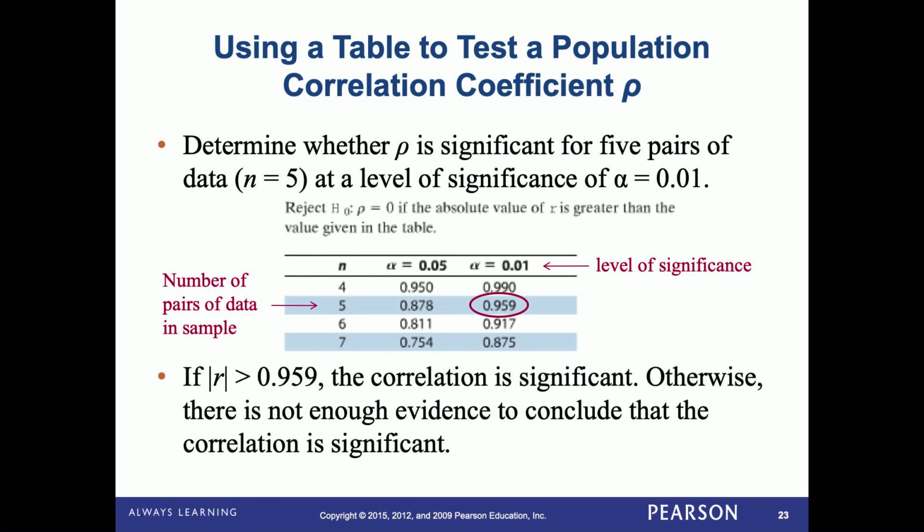So because the absolute value of r is greater than 0.959, the correlation is significant. Okay, so this is using a table to test the population correlation coefficient rho. r being 0.97, which is greater than 0.959, so it's significant.